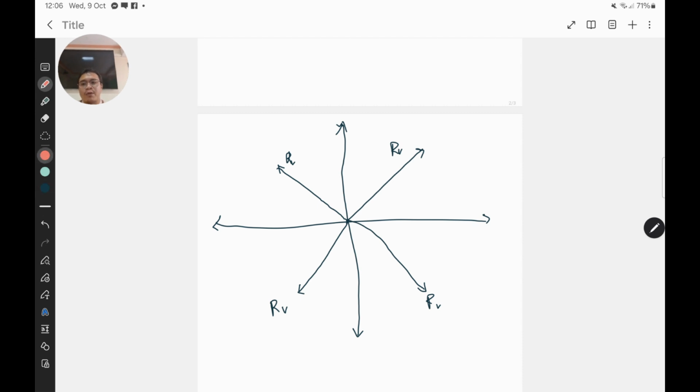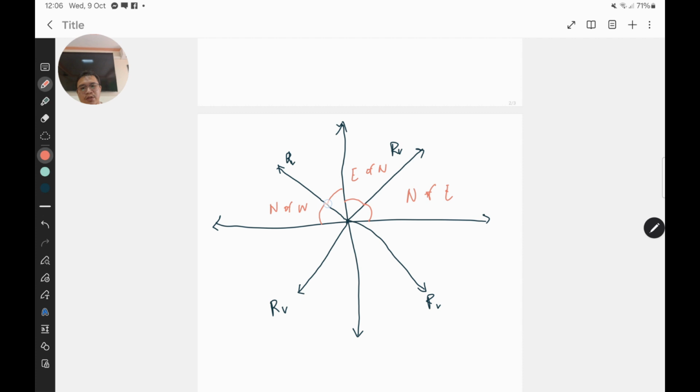So, for example, if the given angle is here, then that would mean that this is the north of east direction. If the given angle is here, that is the east of north direction. If the given angle is here, then that is north of west direction.